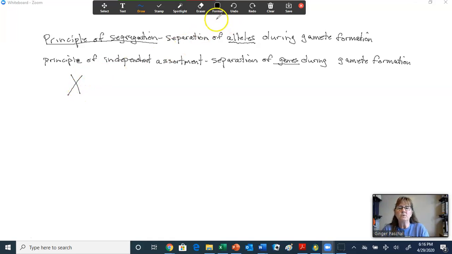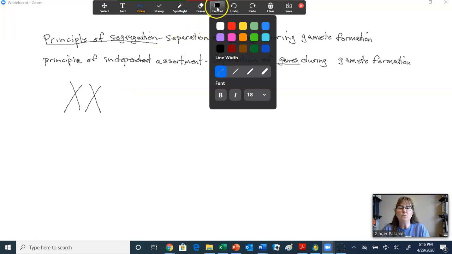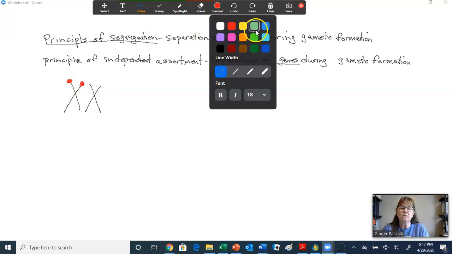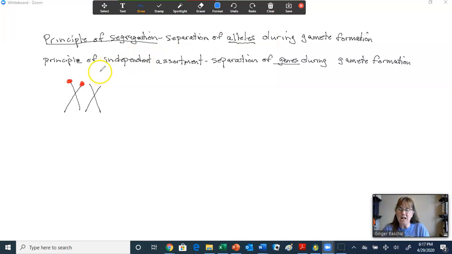So if we're going to draw a homologous pair, and one homologous pair codes for a red structure, the other homolog codes for color of that structure as well, but it's going to code for a blue on whatever structure we're talking about.